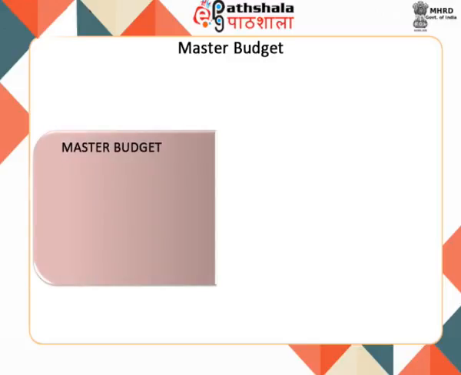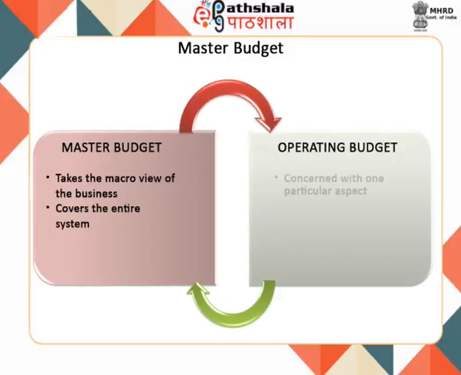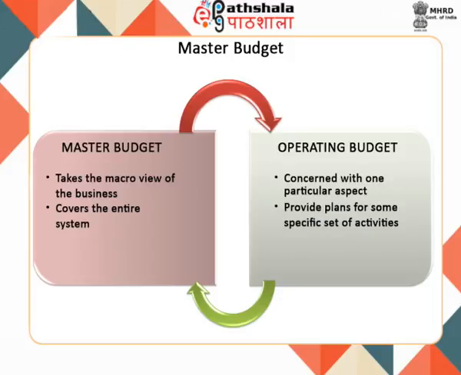A master budget takes the macro view of business and covers the entire system, whereas operating budgets are concerned with one particular aspect of the business and provide plans for some specific set of activities such as sales, production, purchase, selling activities, etc. A master budget acts as a tool for coordinating all the individual budgets.